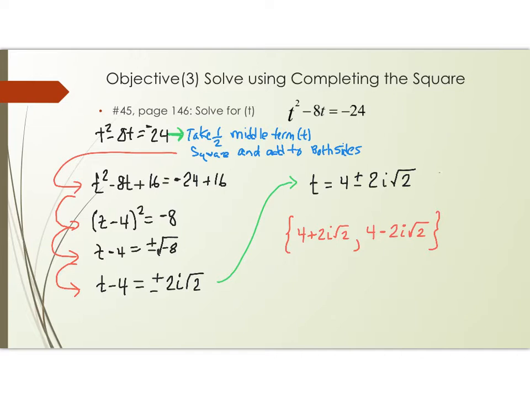So my solution set ultimately comes down to 4 plus 2i square root of 2 and 4 minus 2i square root of 2. In the book, sometimes they show it in that regard, or they'll show it as this as the solution here.